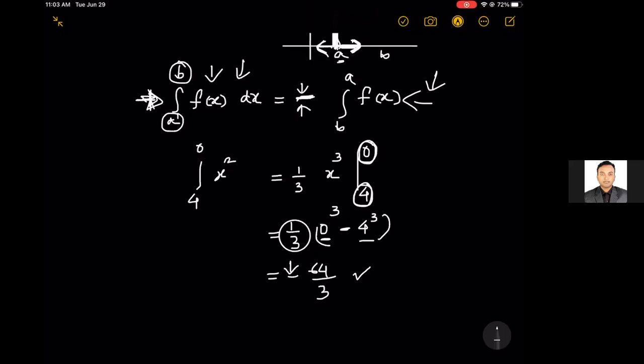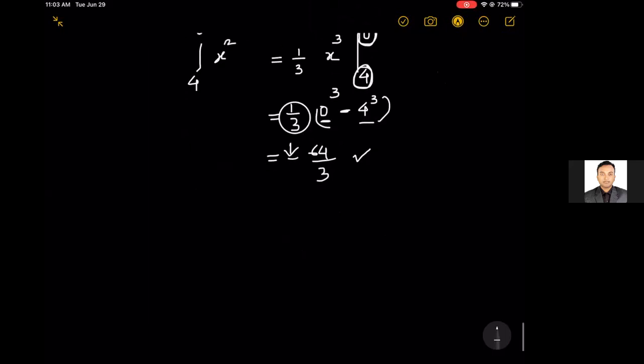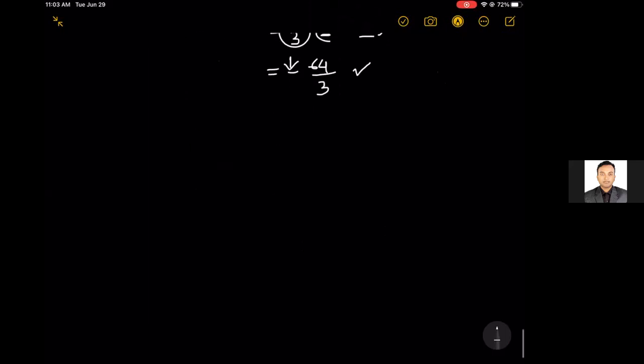Okay, I think I have enough time to show just one more property, or should I? Yeah, I think I should give you this one last one, and then we'll wrap it up. That is, if you have an interval like this, f of x dx, and let's say that's your a and b.